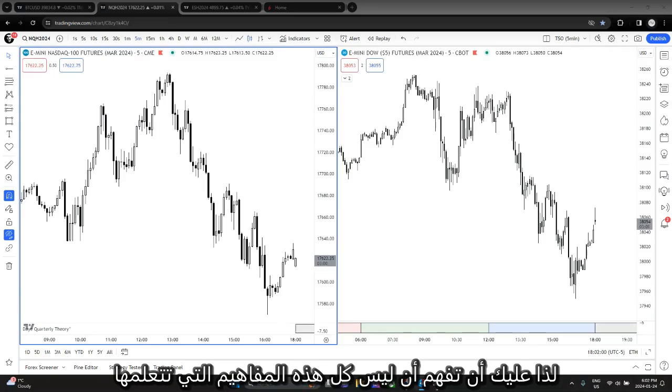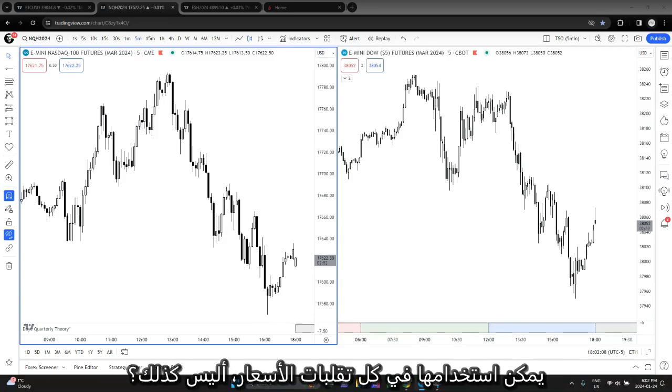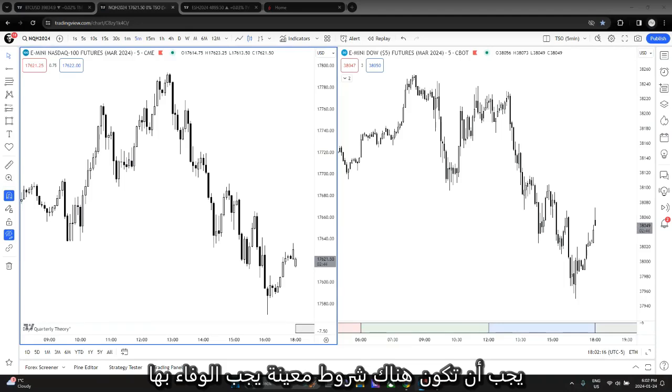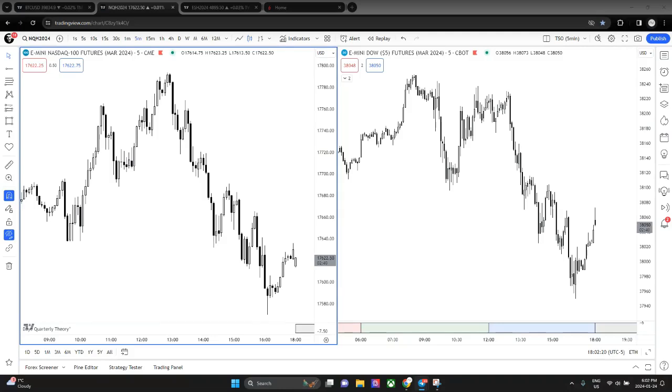So I believe that this will enhance your perception when it comes to anticipating price swings and market reversals. You need to understand that not all of these concepts that you are learning can be used in every single price swing, right? There have to be certain conditions that need to be met for these things to work.